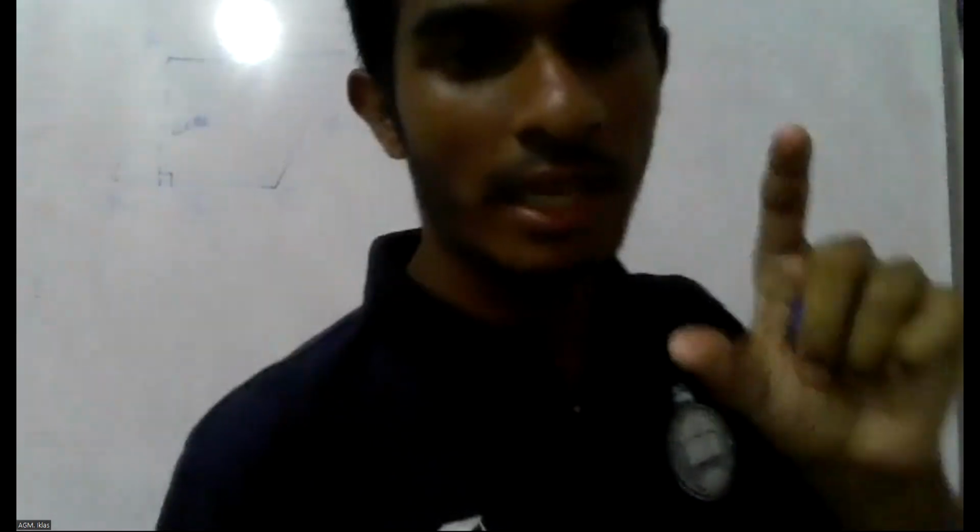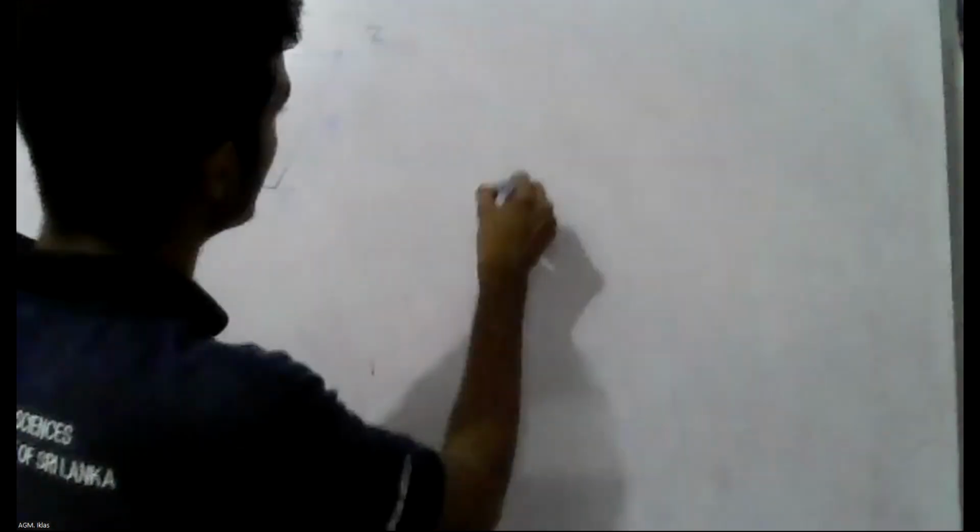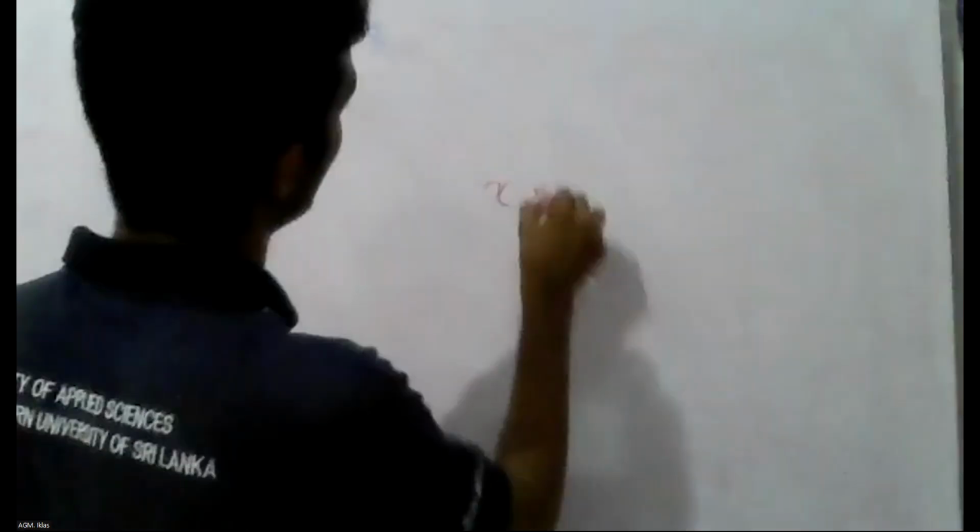So they have given the area of the parallelogram is 120. So here I can tell X, this base, into this altitude 6 is equal to 120.